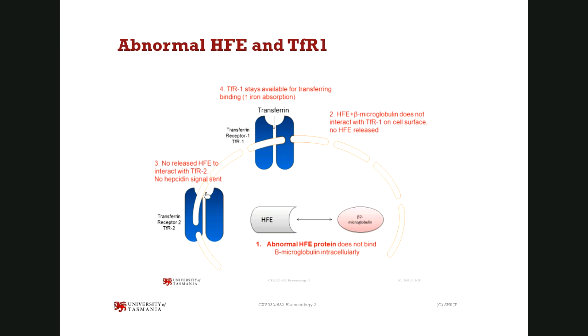And also, of course, the iron is being absorbed into the cells too, because transferrin is constantly binding and releasing the iron into the cells. And so failure of normal regulation leads to excessive absorption and excessive storage, and this is what causes hemochromatosis.